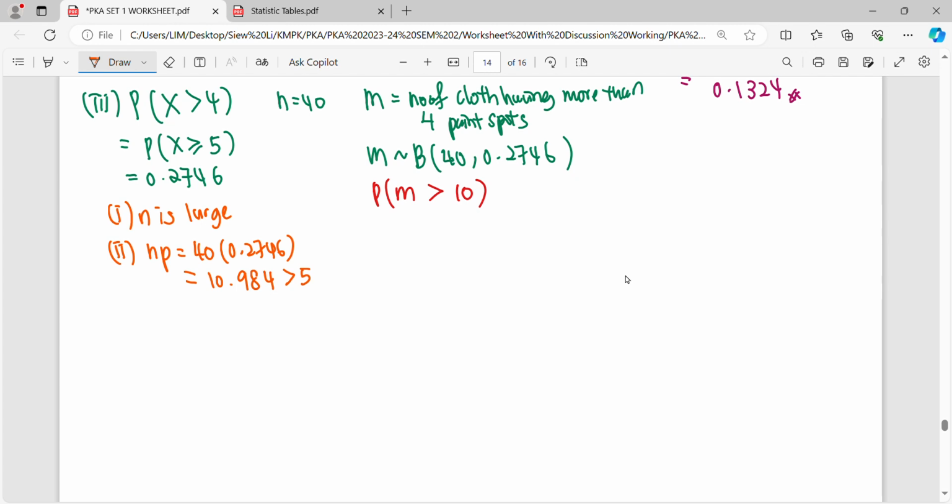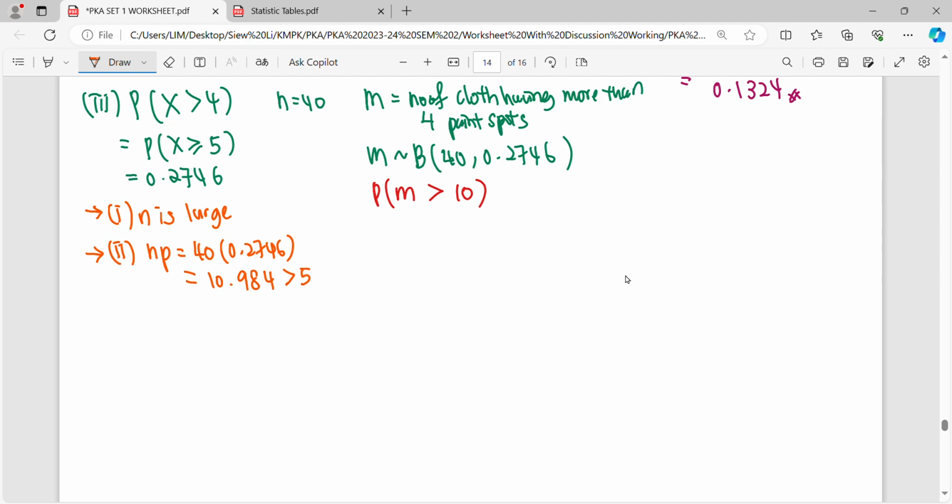In your notes, the situation only says n is large, but it doesn't define what is large. But in your notes, they surely have the situation when np more than 5 or nq more than 5, you need to do distribution approximation.